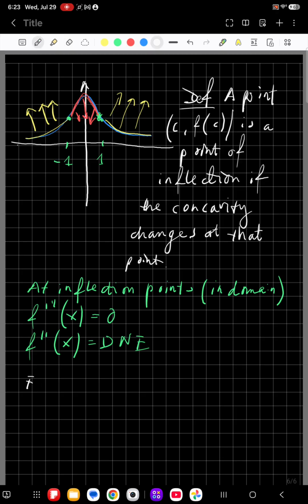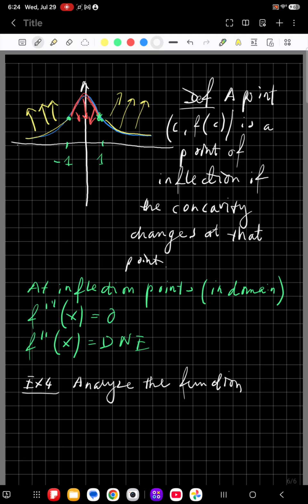So example 4, and analyze the function. So maybe we'll look at those maxima, minima, concavity, this kind of stuff.